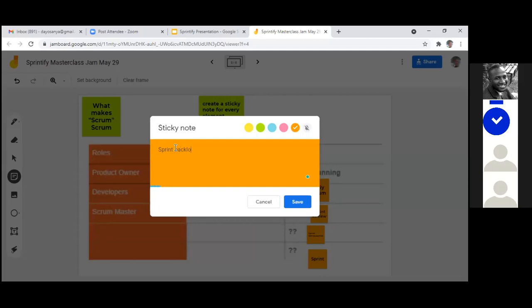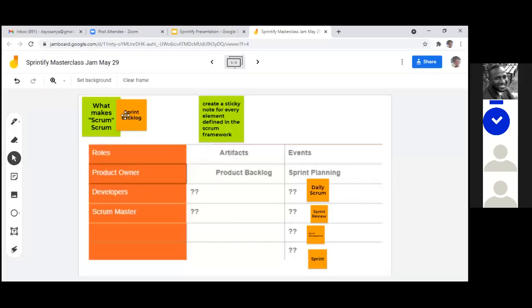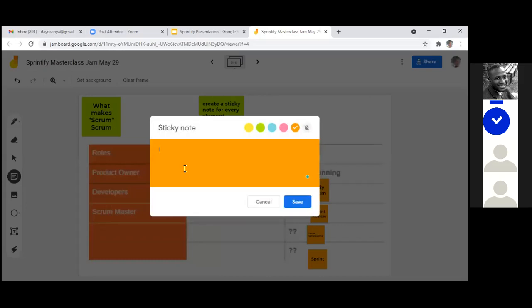That is the work the developers have decided to do. It's because of time, I would have gone into details, but I don't want to. I just want to use this to now show how this is empirical at the end of the day. Then you also have the increments. That's at the end of the day. Increments, releasable, usable feature.